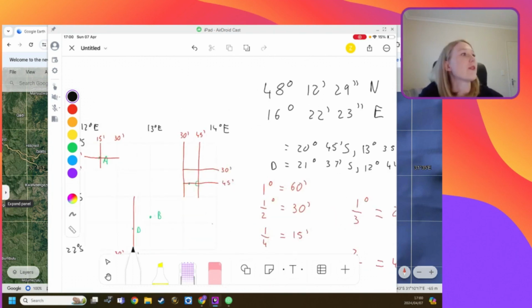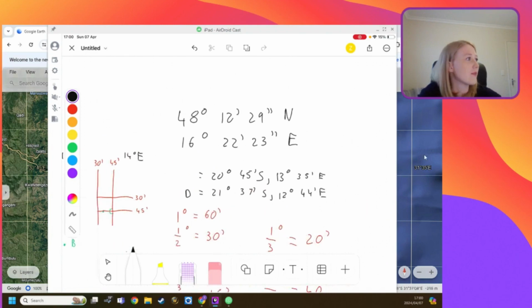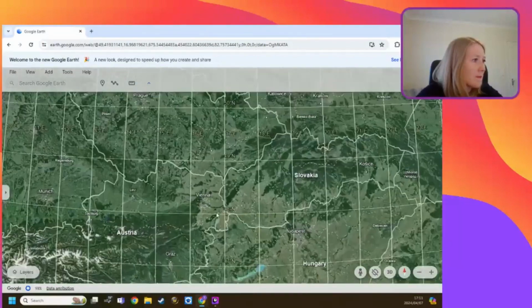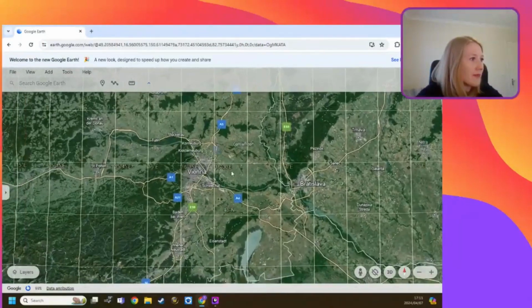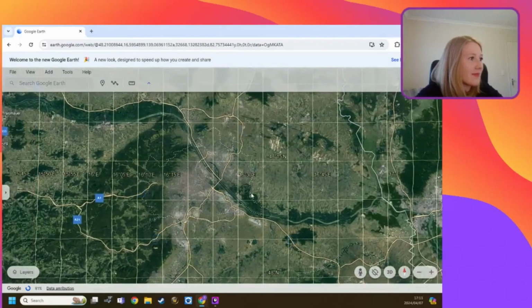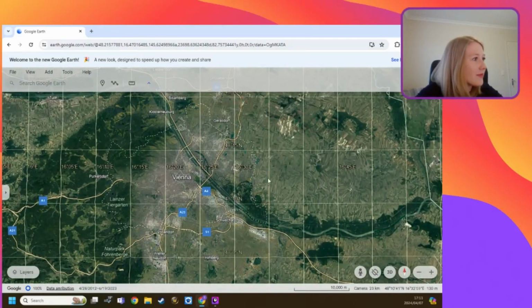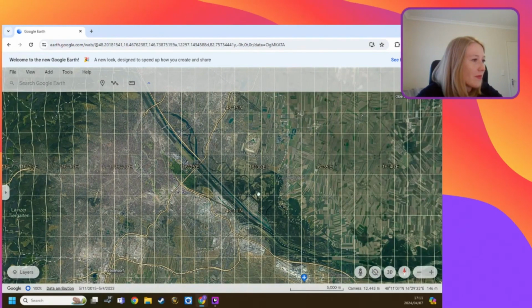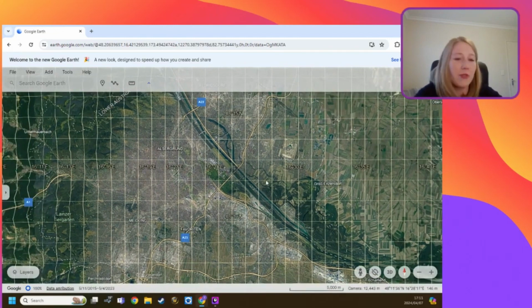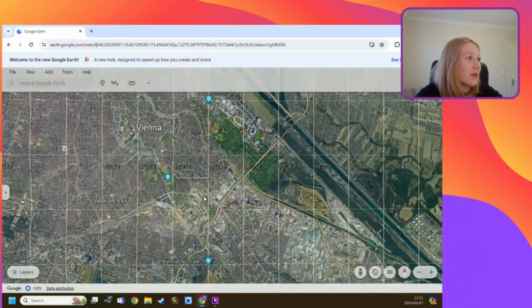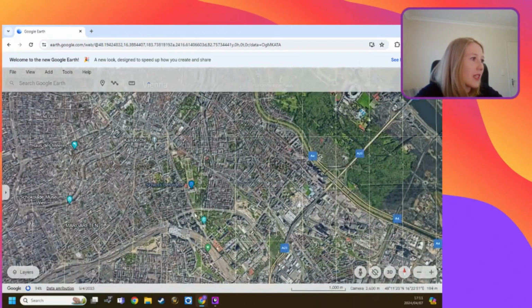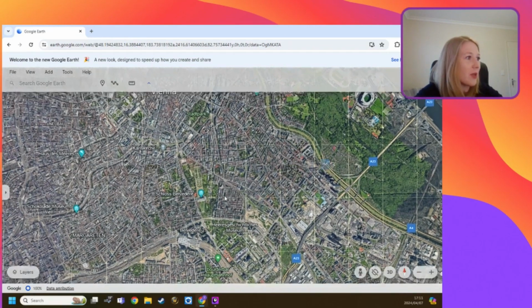Let us find you on Google. Where are we? There. Okay, so when I keep zooming in, you'll see that it keeps adding lines, more and more grid lines. Okay, let's go to the castle. It's fine.